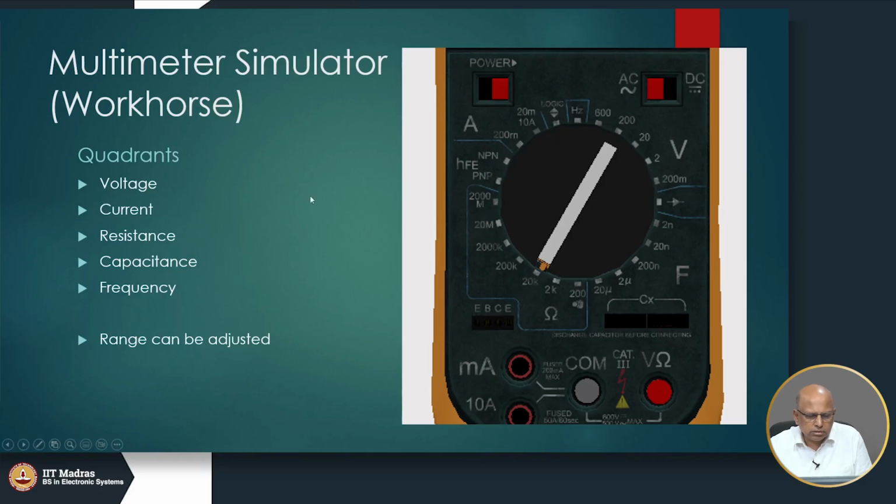So, we saw that using the multimeter simulator, we can understand how to use the multimeter to measure voltage, current, resistance. It can also be used to measure capacitance and frequency, but I do not think that particular website has any experiments for capacitance and frequency.